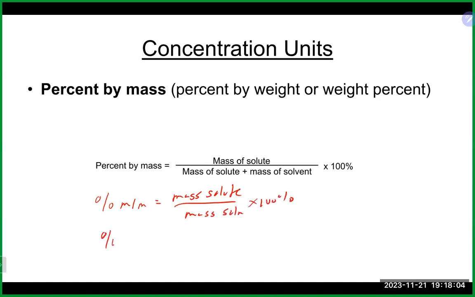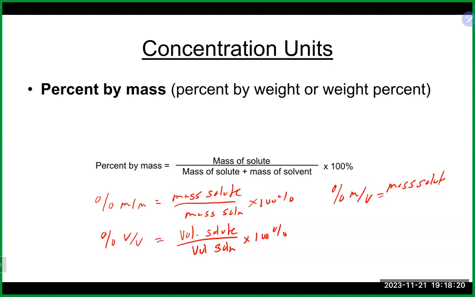We also had percent volume to volume, which is the volume of solute divided by the volume of solution times 100%. And there was percent mass to volume, which is the mass of the solute divided by the volume of solution times 100%.